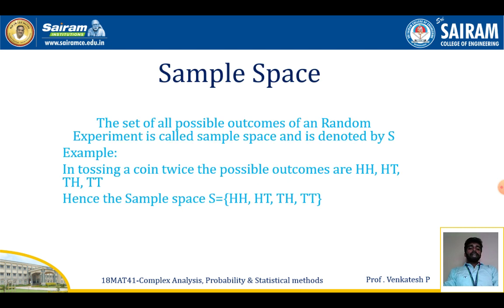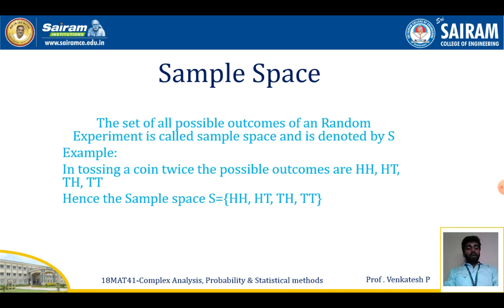Next is sample space. Suppose we group all the outcomes of the random experiment on one platform, we can call that grouping a sample space. So we can conclude that the set of all possible outcomes of a random experiment is called sample space and it is denoted by capital S. An example, in tossing a coin one time, the possible outcomes will be head and tail.